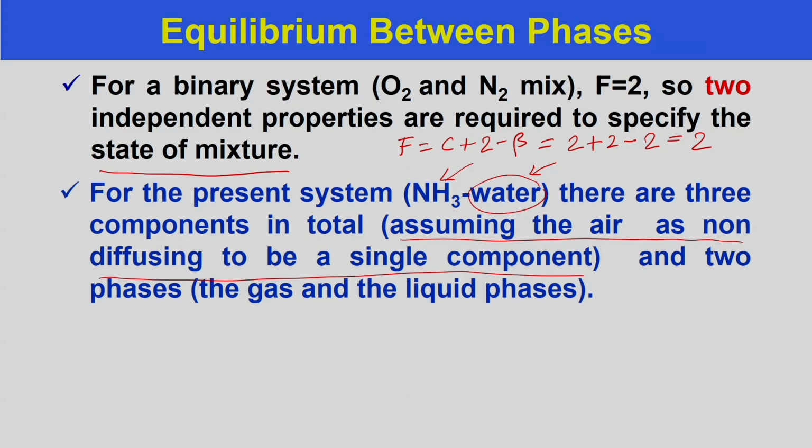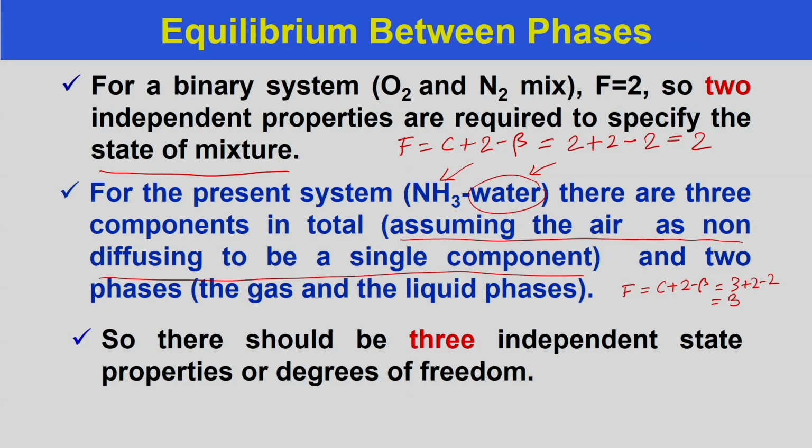So, we have a three component system. Now, if we apply the phase rule, F is equal to C plus 2 minus beta, which would be equal to 3 plus 2 minus 2. So, the degrees of freedom F would be 3.